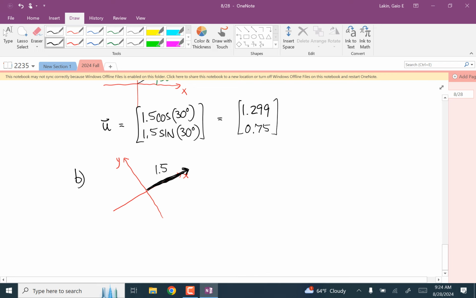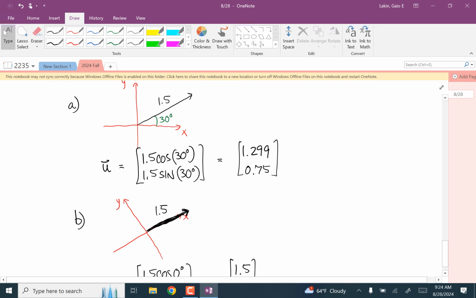The counterclockwise angle starting at the positive x-axis and getting to the vector is 0. So this is 1.5 times the cosine of 0, 1.5 times the sine of 0, and so you just get 1.5, 0. Those are both right. Each one is specific to its coordinate system.